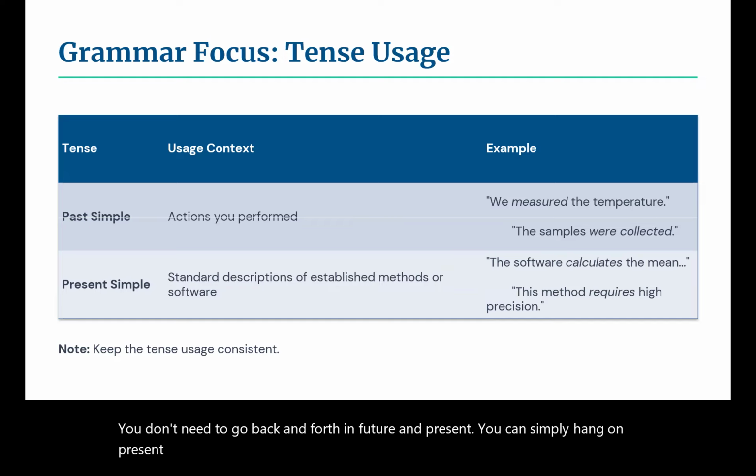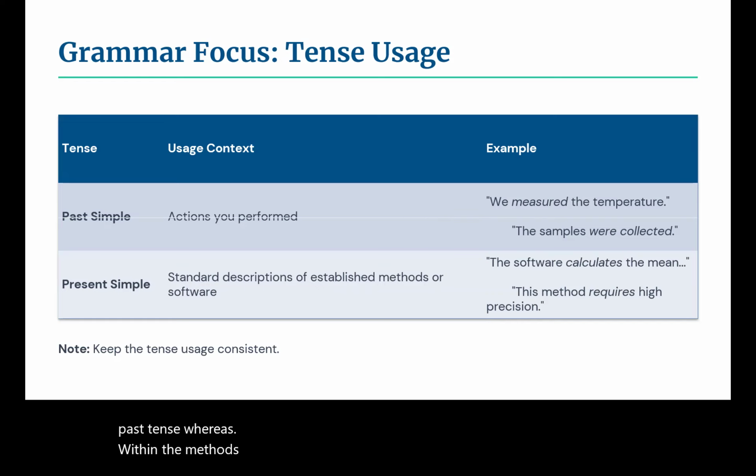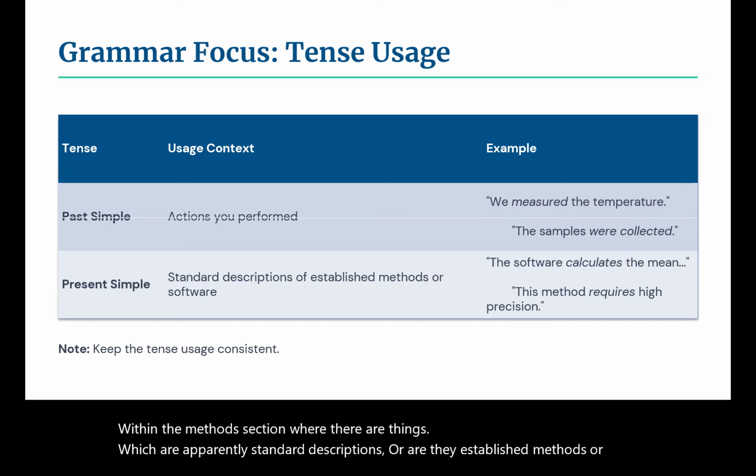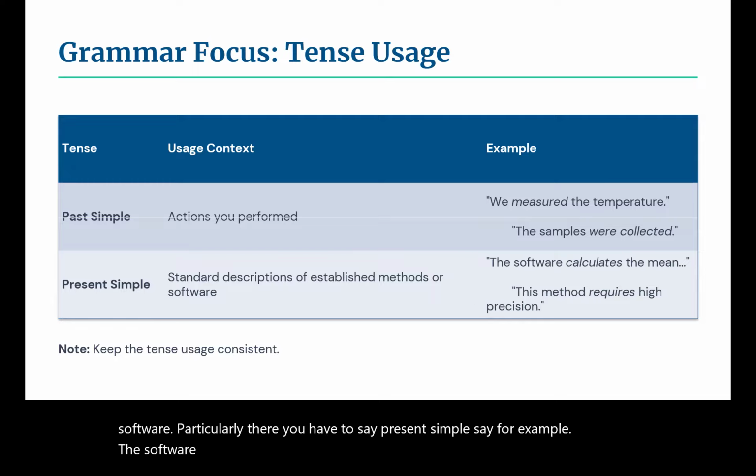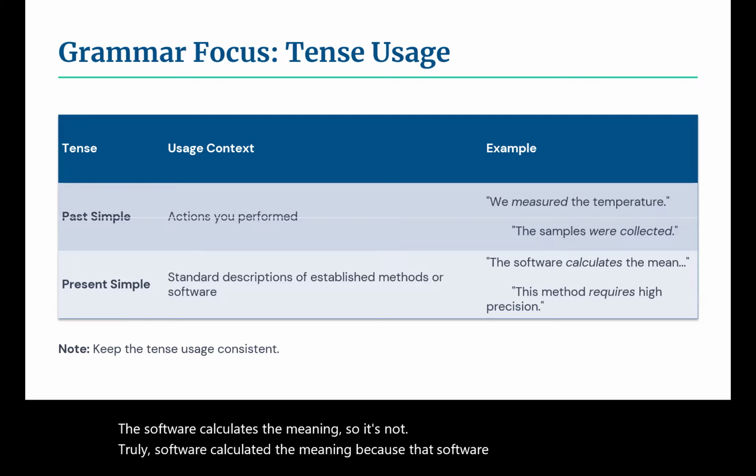To indicate all the things completed, you can use the past tense, whereas within the method section there are things which are apparently standard descriptions or established methods or software, and there you have to use present simple. For example, the software calculates the mean. It's not truly "the software calculated the mean", because that software can still calculate the mean, right?